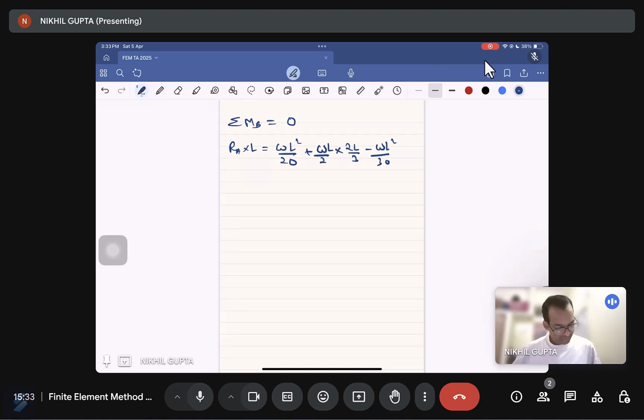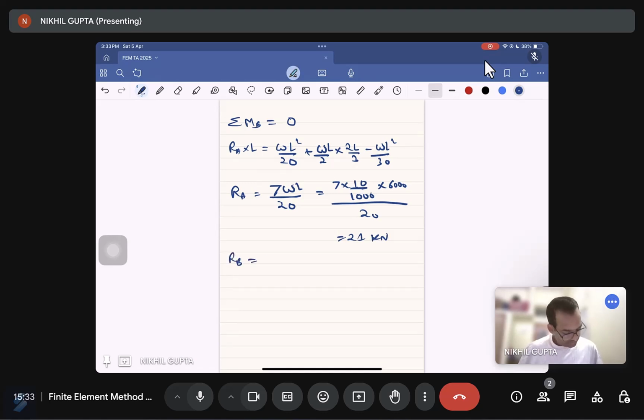Now when you solve it, you will get RA as 7WL by 20. After putting the values, 6000 divided by 20, it will become 21 kilonewton. Similarly, RB will be WL by 2 minus RA, which will be 3WL by 20, and you put the values.